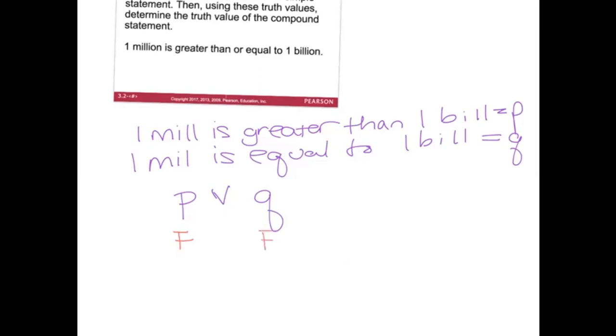That is a false statement. So we're looking for the "or" category between two false items. If you have an "or" with two false items, it is going to be false. So this statement would be false, and I found that out without having to do a truth table.